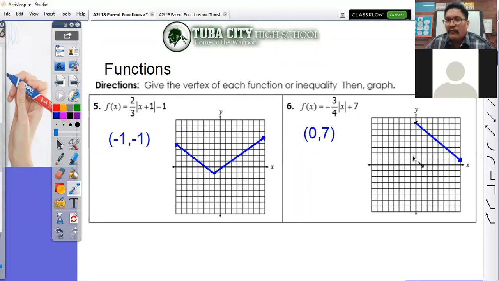Down 3 over 4. There you go. And now I have to mirror it this way. So if it kind of looks a little bit off, like this, no, that's not reflected. Best thing to do again is just go down 3 over 4 and try to pass that point. There we go.